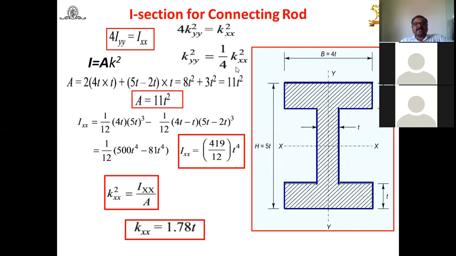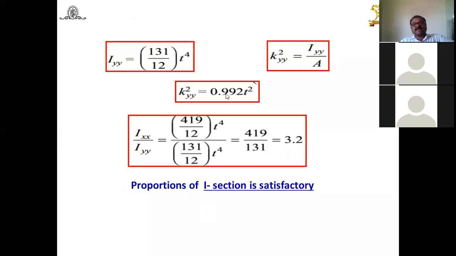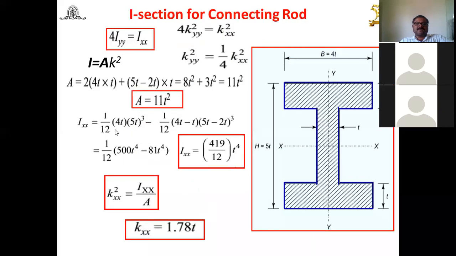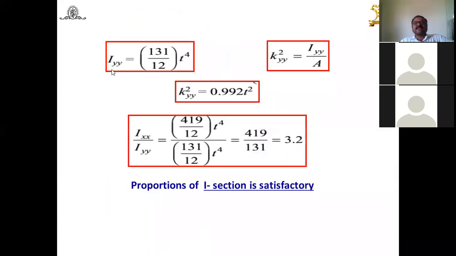Now we have a value of kxx. Now here kyy, again we have to find out kyy. Find out the Iyy for this section and kyy like kxx. So after calculating Iyy and kyy, you will get kyy is equal to 0.992t. Try to understand.